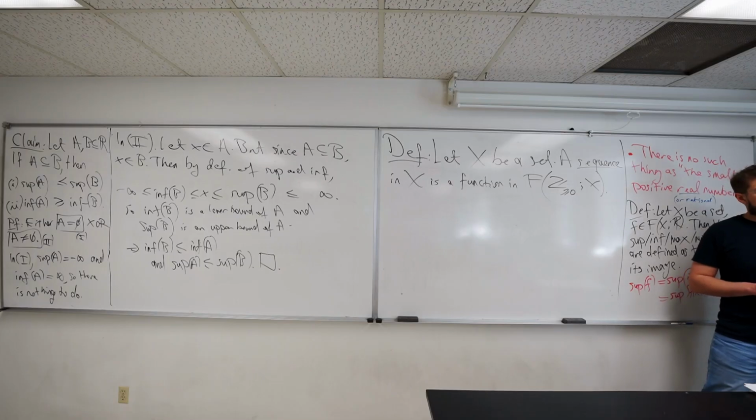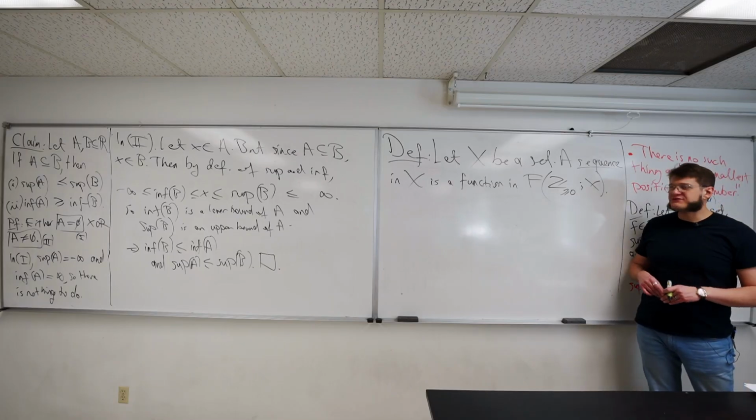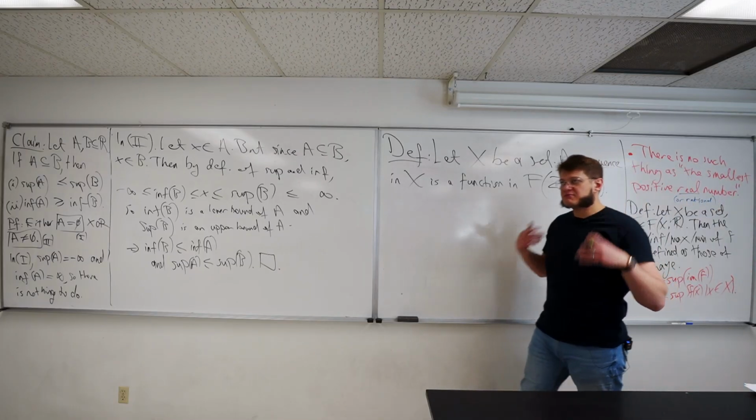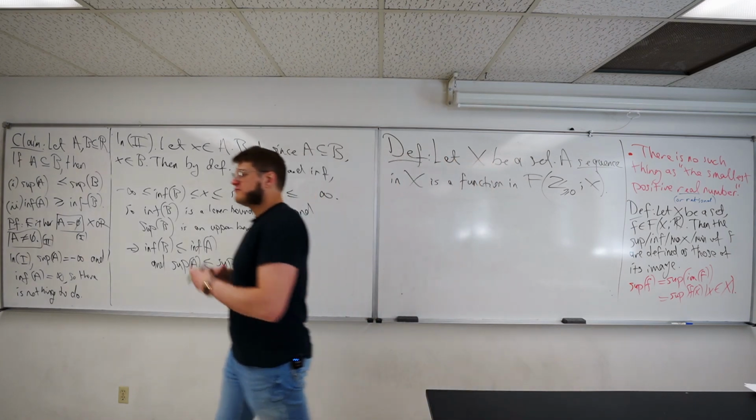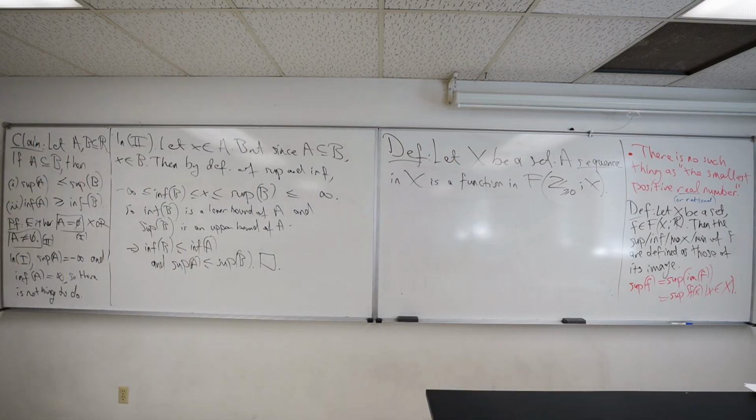What's the point of doing this? Because you don't want to say, let this be a function with integer input, whatever. Instead of saying all this stuff, you just abbreviate and say it's a sequence.